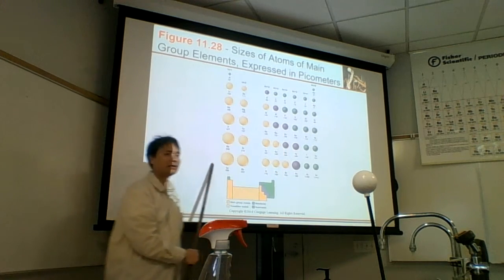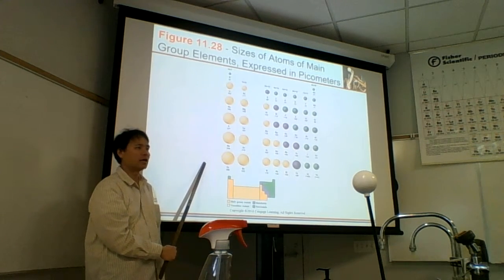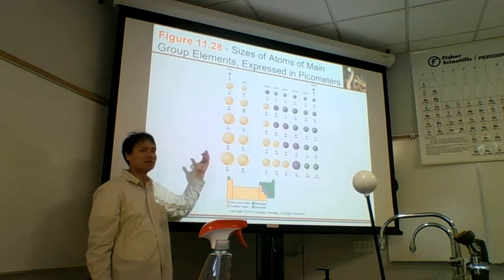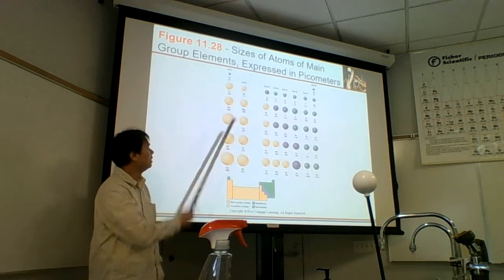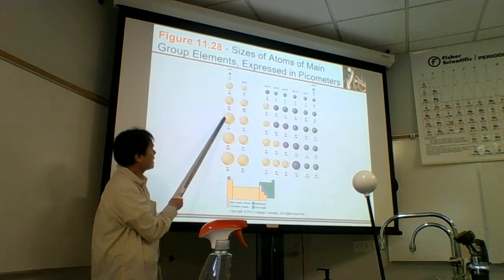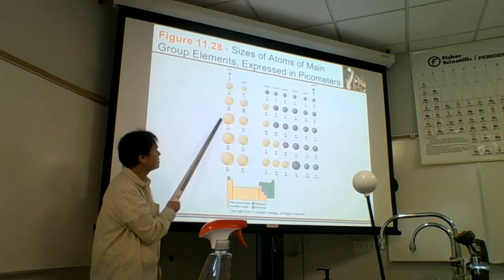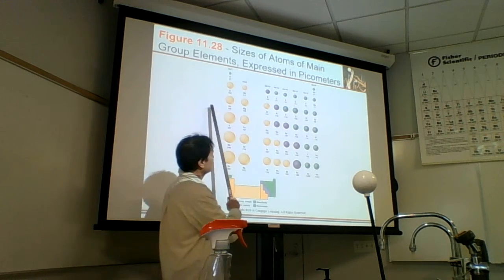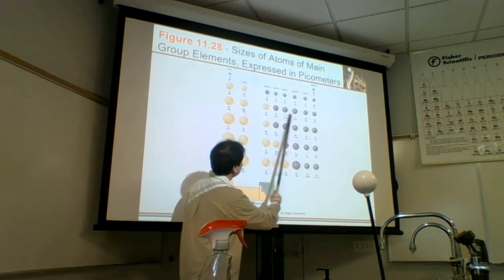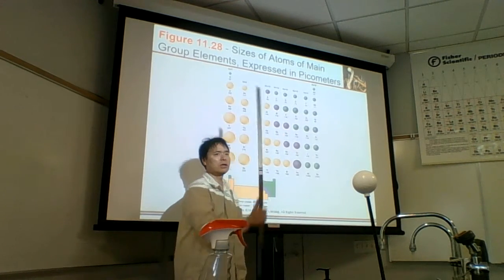Big atoms are easy to ionize. And so you got a big atom like cesium, it's a lot easier to ionize cesium than it is helium. But what's easier to ionize, potassium or sodium? Potassium. So potassium is going to have a lower ionization energy. So ionization energy increases like this. As we go left to right, ionization energy goes up.